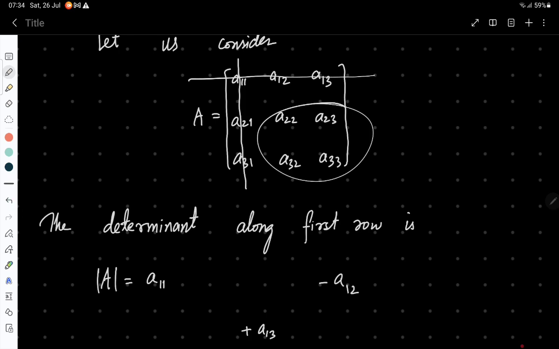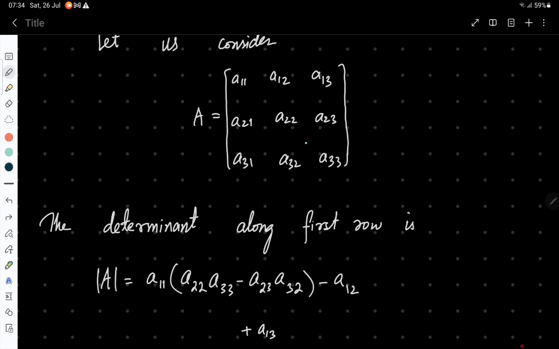So here I will write the determinant of this submatrix. How? Let's look. A22, A33, you can check. A22, A33, then minus A23, A32, you can check here.